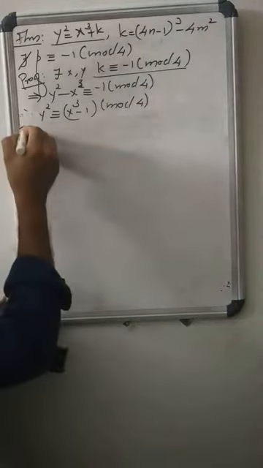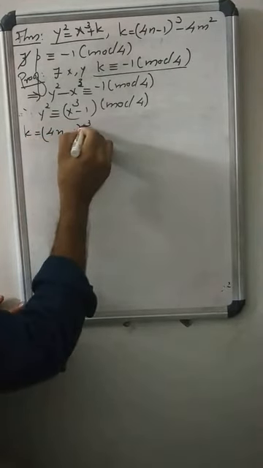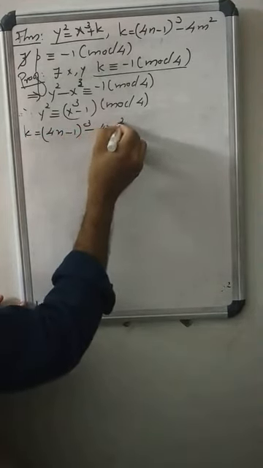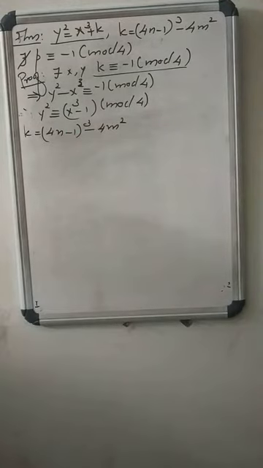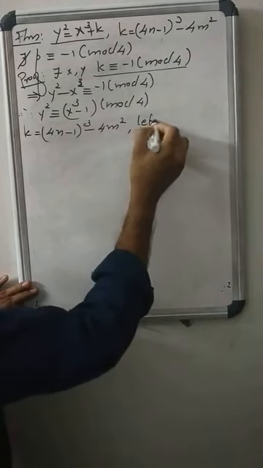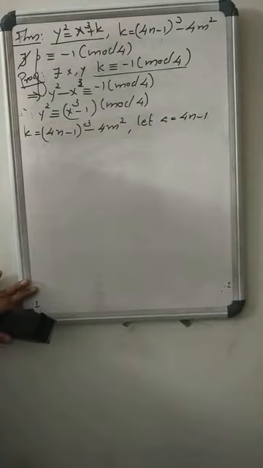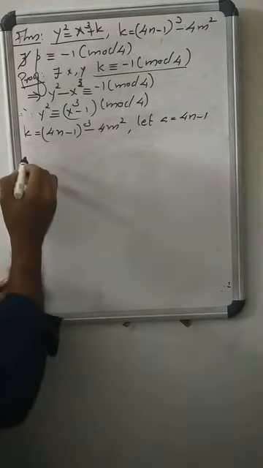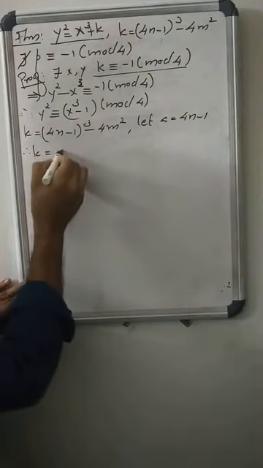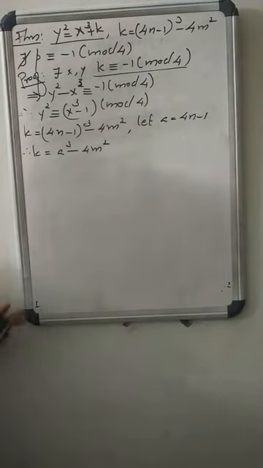So consider the expression k = (4n - 1)³ - 4n². Let a = 4n - 1. Therefore k = a³ - 4n².